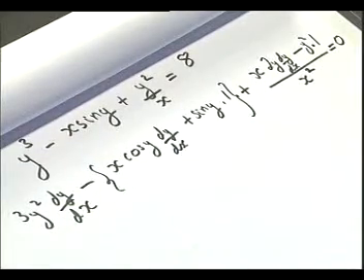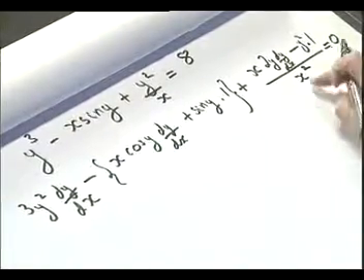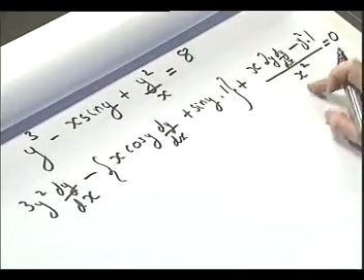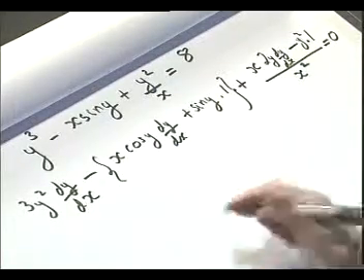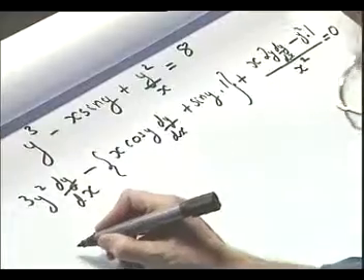Now this needs a little bit of tidying up. We've got a denominator here that we can probably multiply up by. So let's do that and do some tidying on the way.